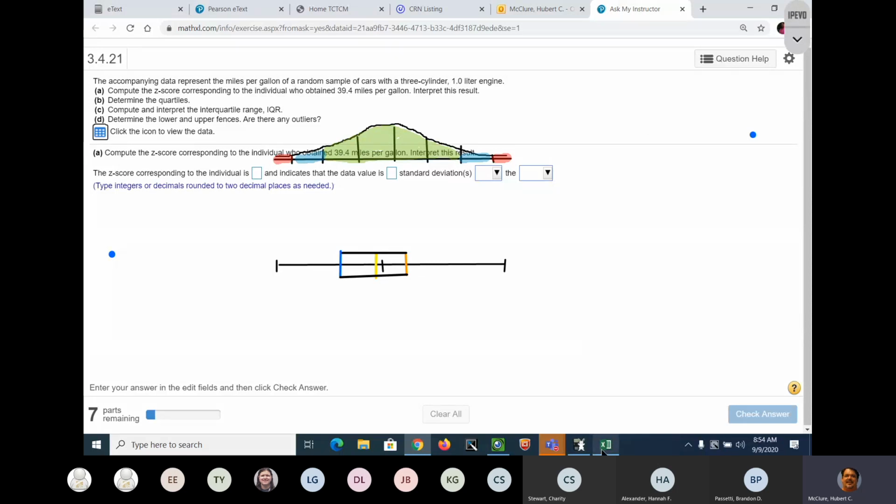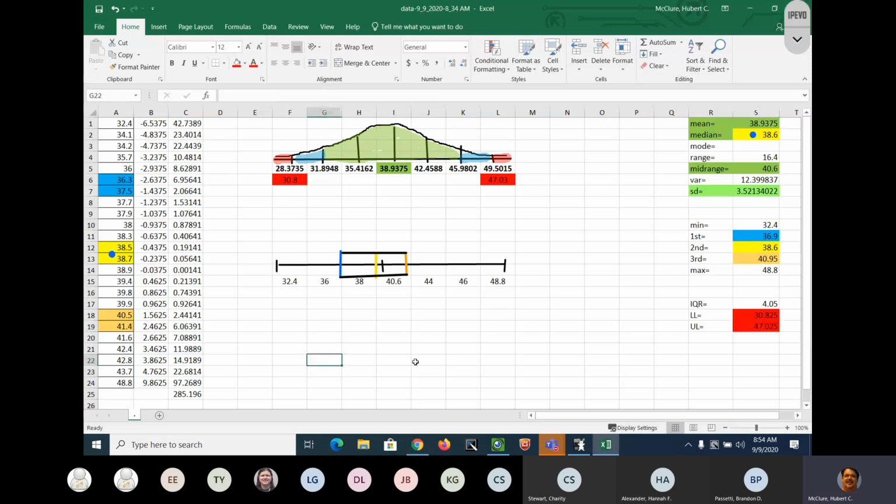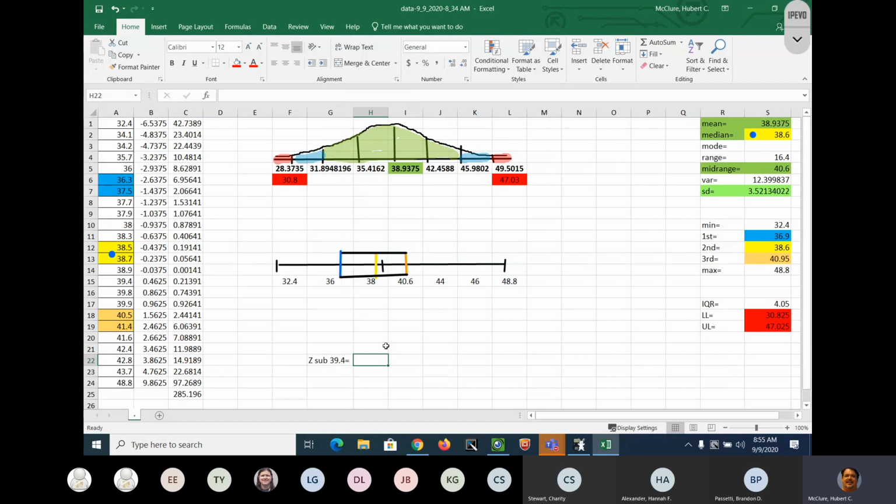So let's go back to the Excel spreadsheet, and I'll go down here. Z sub 39.4 is equal to, and make this a little bit wider.